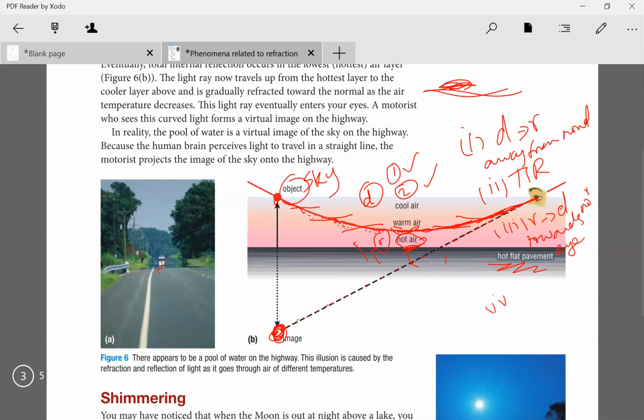And then the last step is you extend the ray straight backwards and get a virtual image of the sky on the pavement.